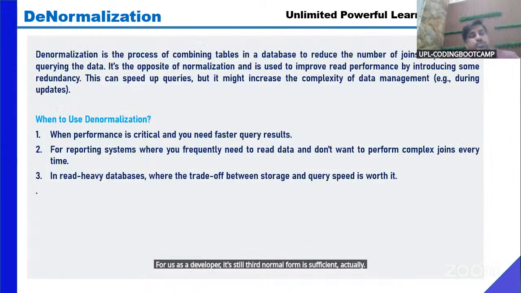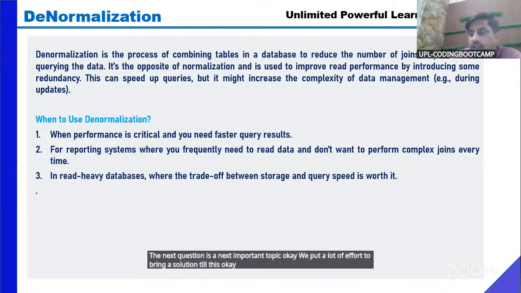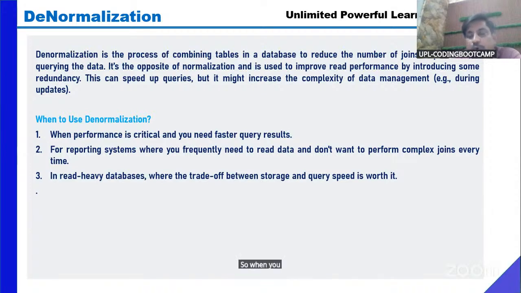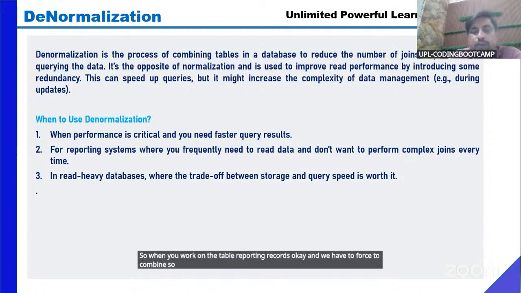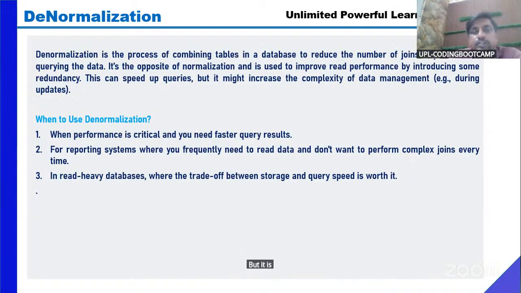The next important topic: we put a lot of effort to bring a solution up to this point. But suddenly business intelligence and data analytics come into the picture. When you work on tables for reporting, we are forced to combine so many columns as a view or something like that. But it is against the normalization process, right?